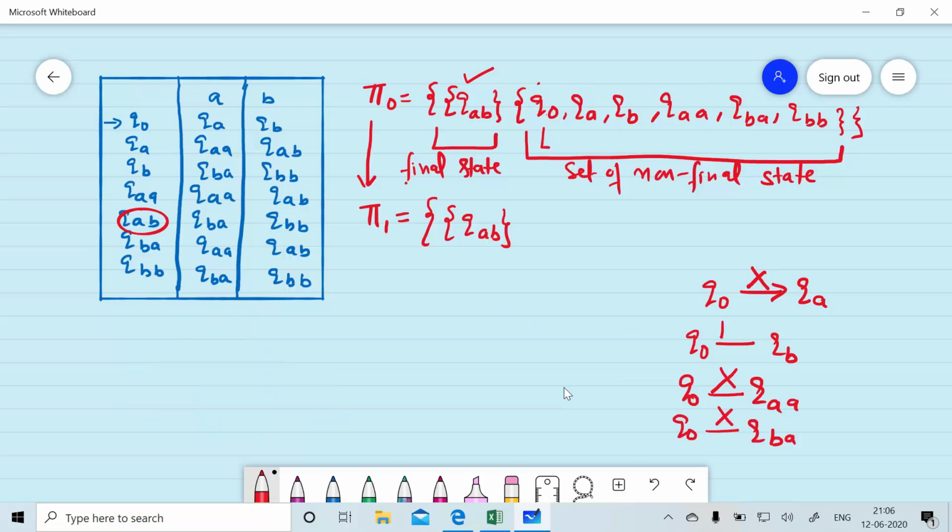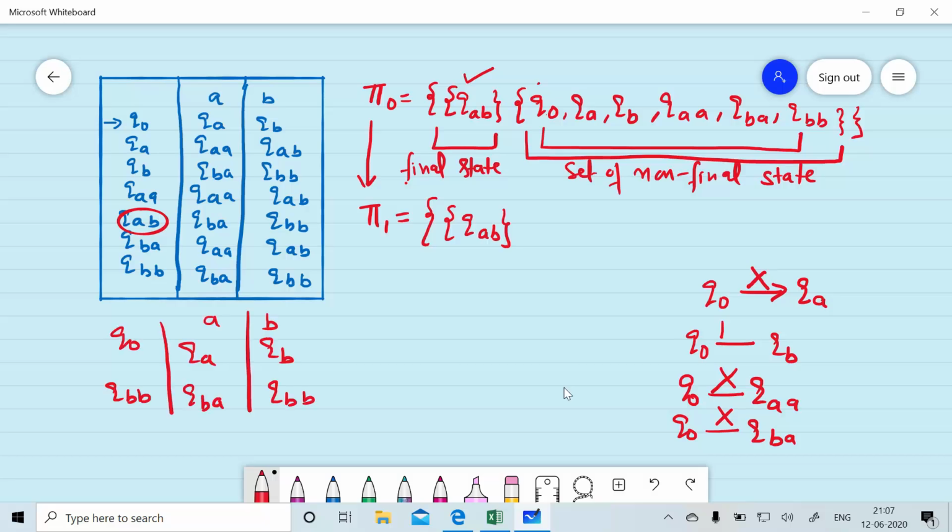Now we will check Q0 and QBB. Under A, we check whether Q0 and QBB are behaving similarly or not. It is QA and QBA. QA is presenting over here, QBA is presenting over here. Both belong to the same set, so they are behaving similarly. Under B, it is QB and QBB.